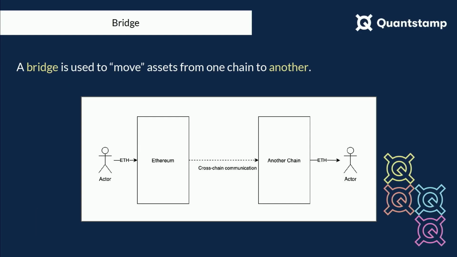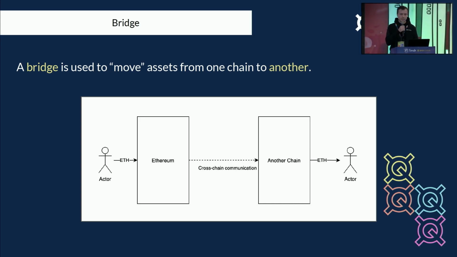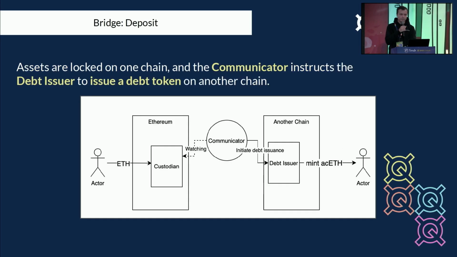A bridge is a software application that is used to move assets from one chain to another. Essentially, if an actor on the left-hand side wants to move ETH into another chain, bridges would be facilitating this transition.